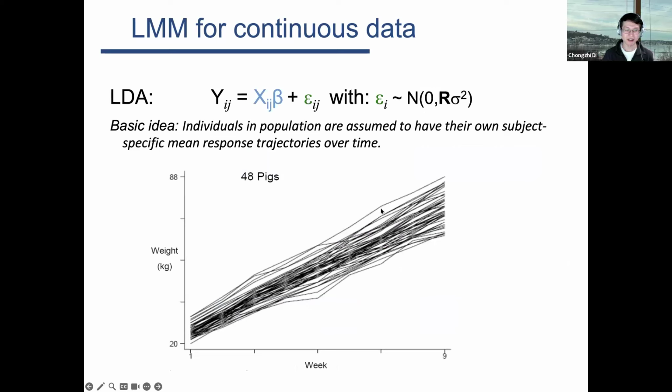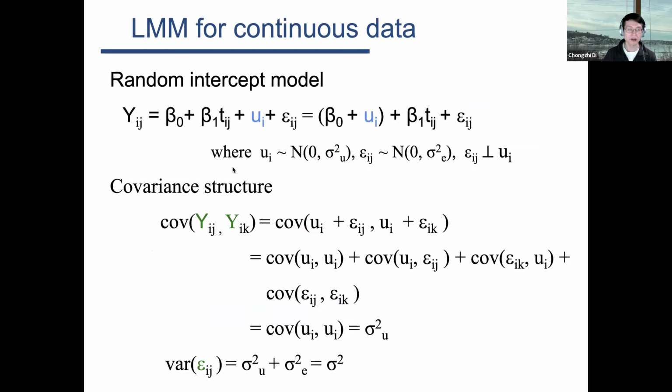If you use a line to represent each curve, you notice that their intercepts are different, meaning their level at the baseline is different. So you introduce a random intercept Ui to the model. And then you can regroup this very easily, so the Ui can be grouped with the intercept.